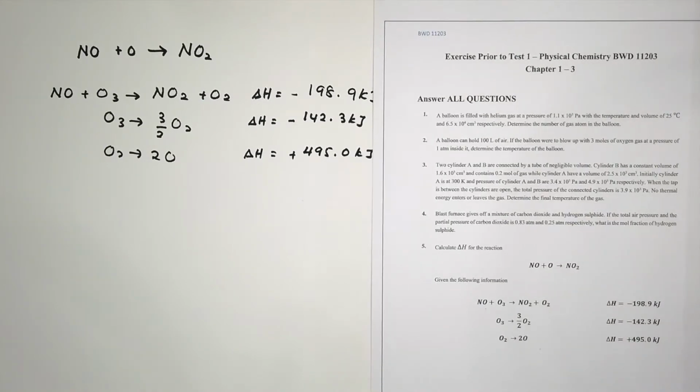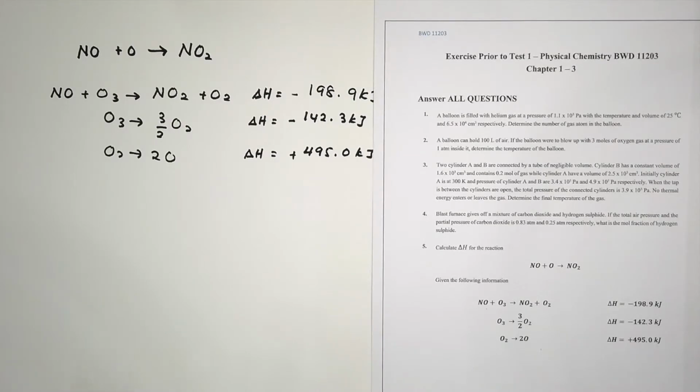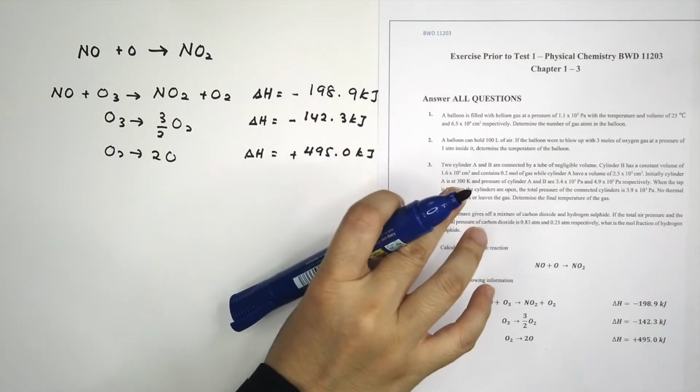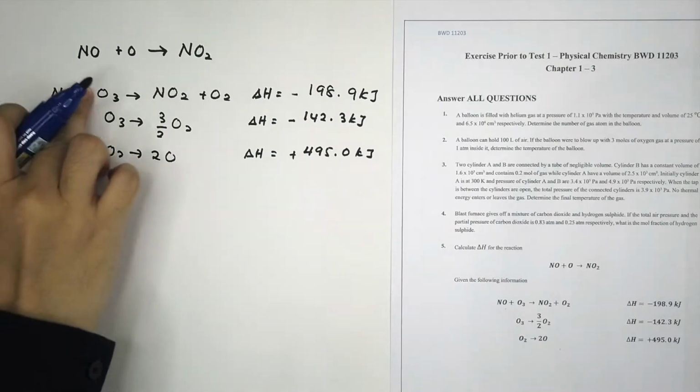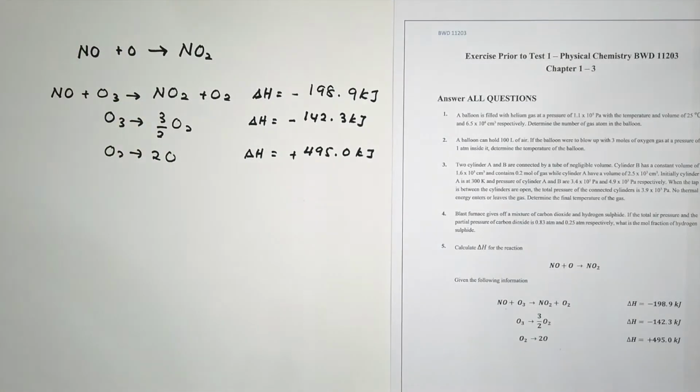So now we need to look at the location of the product and also the reactant. For the first equation, we do need the NO here, and the NO is indeed at the reactant, so there's no problem with that.